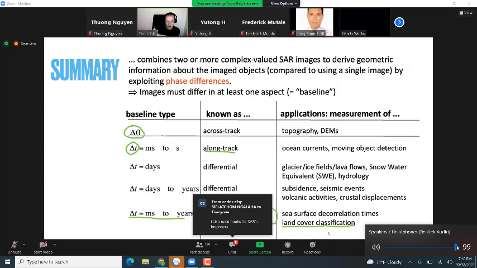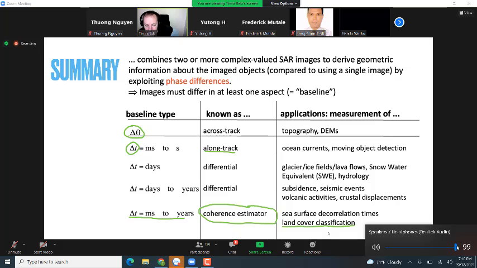So if you have really many images going over seasons, you have a winter, summer season, or rainy, non-rainy season, and then you look at well, how fast does it decorrelate in winter? How fast does it decorrelate in the vegetation season? When does the vegetation season begin? When does this crop begin to grow faster? You could really look a lot there, this long time series in terms of land cover classification.